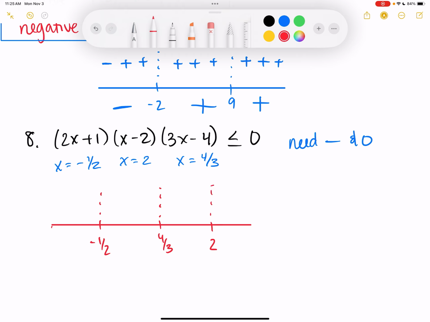So again, I'm checking the signs of what's happening as I plug stuff in here. I would probably use negative 1 on this side. If I plug in negative 1, what do I get? Negative. Negative. Negative. So this whole region is negative.